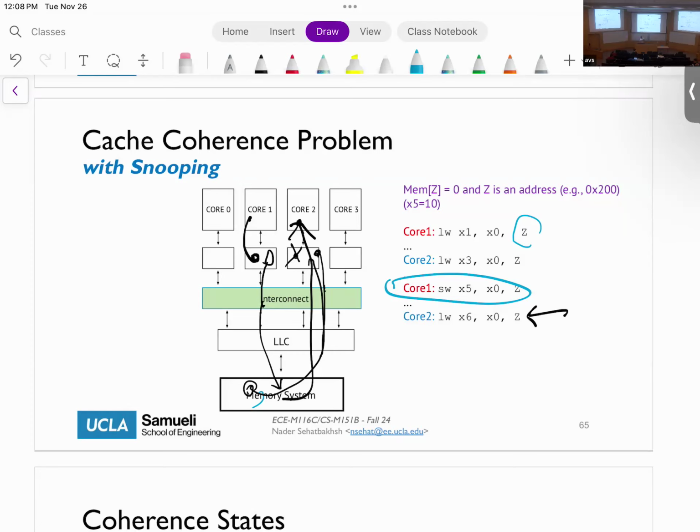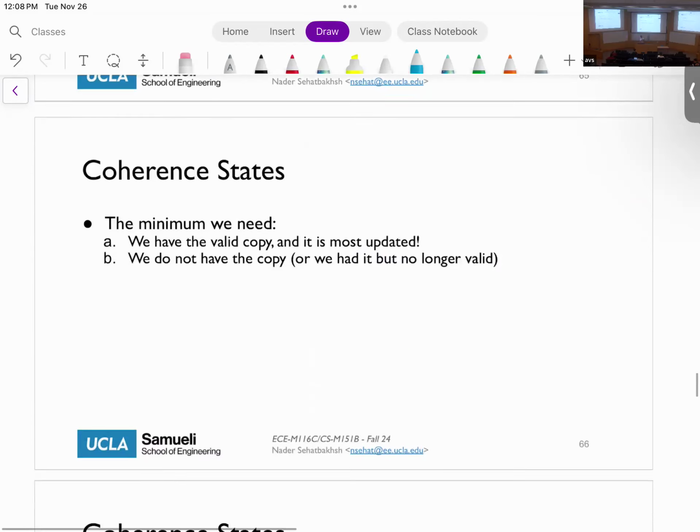We started with coherence states, and we said the bare minimum you need is 2 states, modified and invalid. Invalid means I don't have the copy. Modified means I have the copy and nobody else has it, and modified is also used when you're modifying the data.